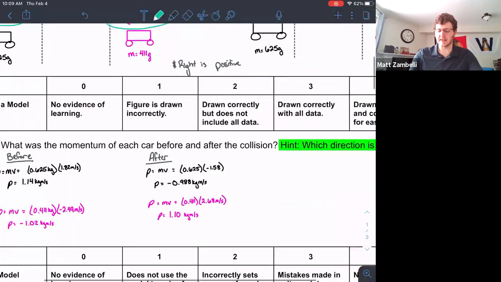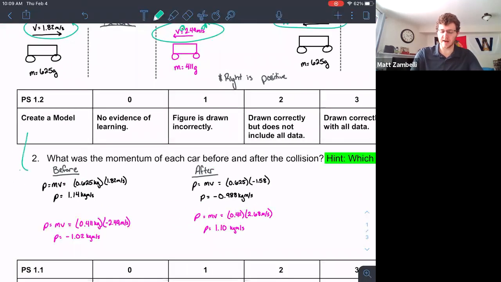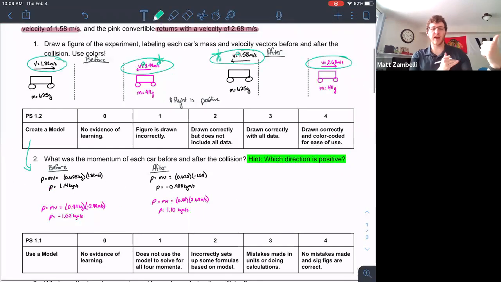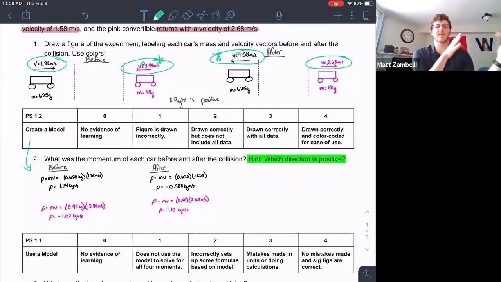But you did need to make sure that they came down here so that you have your negative direction and your positive direction. Because beforehand, we have one car going in the positive direction and one car going in the negative direction. So one of your momentums has to be negative at the beginning because they're going in opposite directions. They're not both going to be positive values.